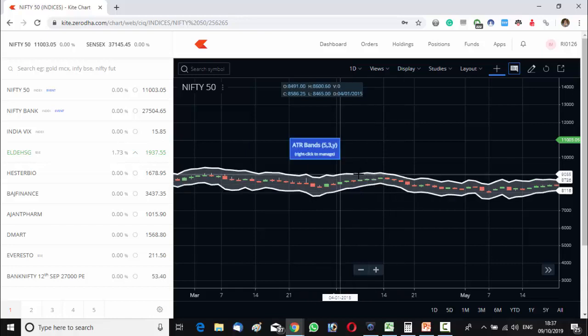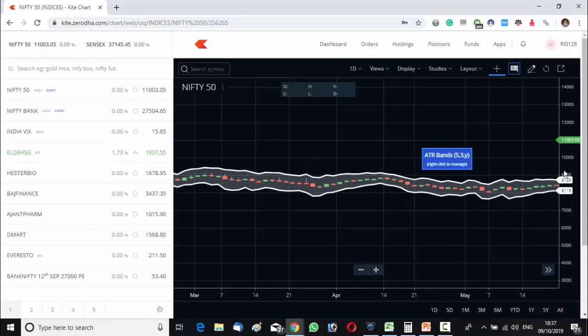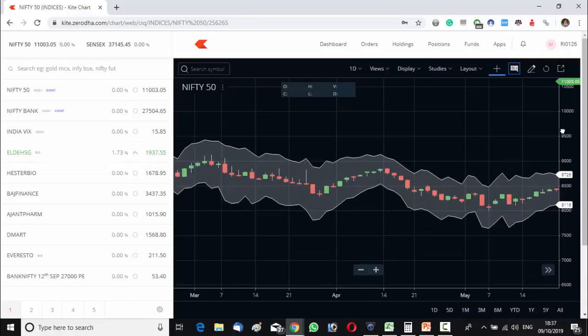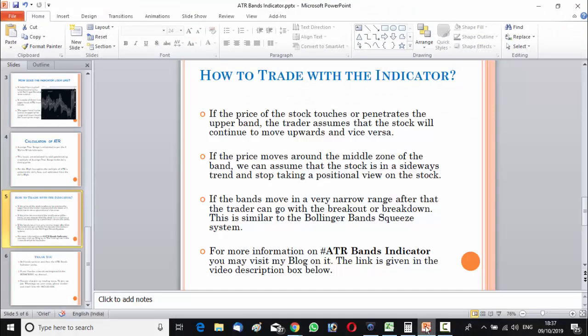You can see the band has squeezed, and from there it has broken down on the downward side. So you can see this is an opportunity to take the sell trade. You can see from there the price has moved down a lot. So these are the two ways to trade the ATR bands indicator.